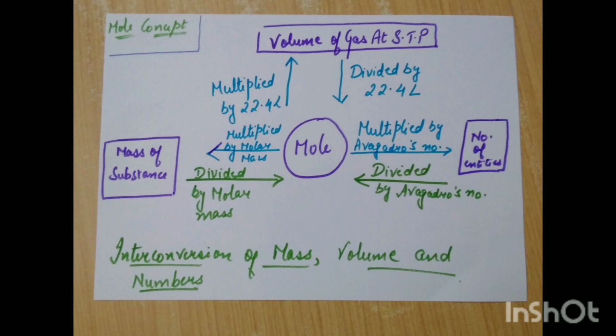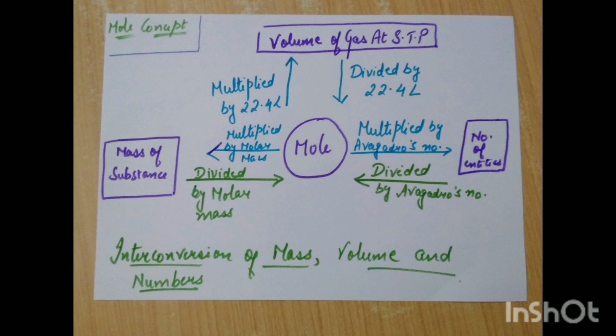Similarly, where do we use division? If we divide the volume of gas at STP by 22.4 liters, we get the mole. What I am saying is, to calculate the mole from the volume of a gas at STP, we divide the value by 22.4 liters.